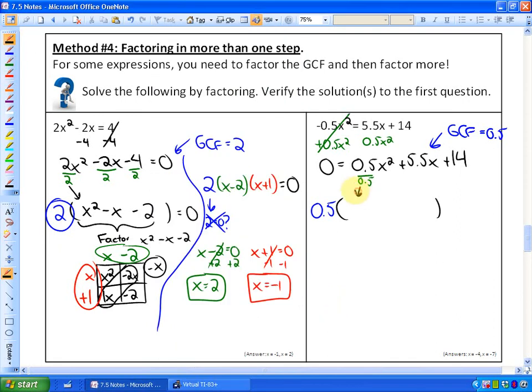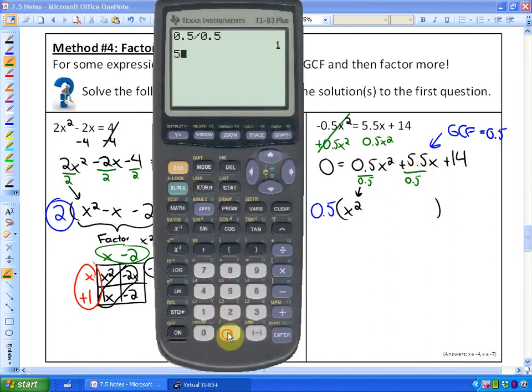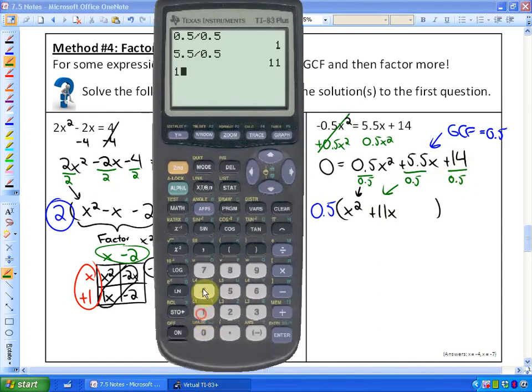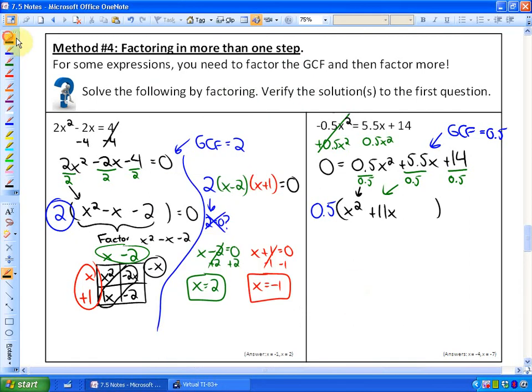So this term would just be x squared. 5.5 divided by 0.5 is 11. So this term here would be 11x. And the last one, 14 divided by the greatest common factor of a half, 14 divided by 0.5 is 28. So this term here would be plus 28.